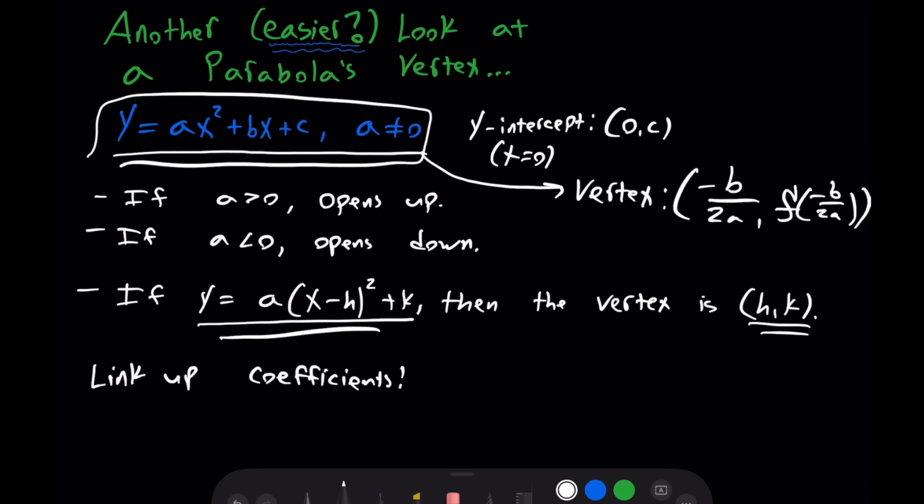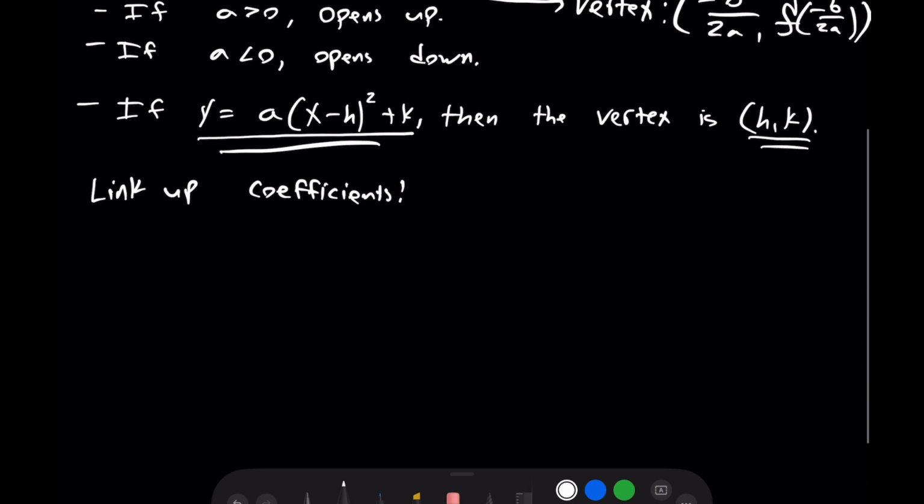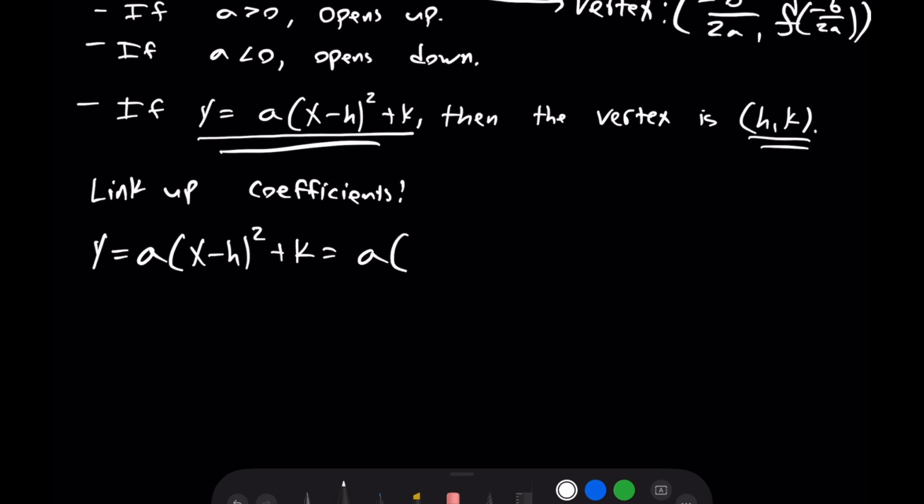So let's do that. So first we'll expand out y is equal to a times the quantity x minus h squared plus k. We'll expand that out. So a times the quantity x squared minus 2hx plus h squared, close parentheses, plus k.